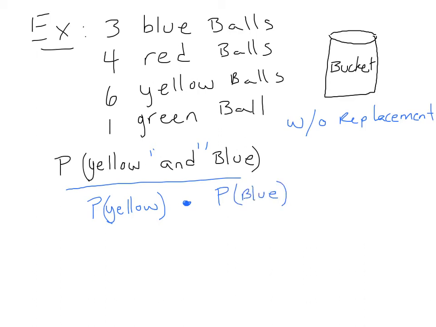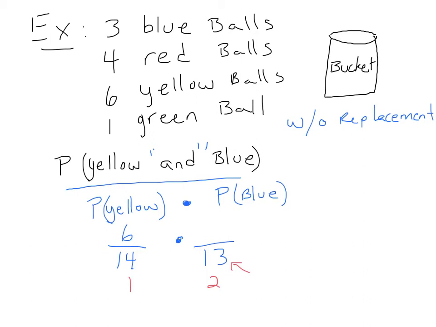The probability of selecting a yellow would be 6 out of the total number of balls, which is 14. And you want to be careful because when you select the next ball, there's 1 less ball in the bucket because we've selected the first. Now we want the second, but now there's only 13 balls remaining.